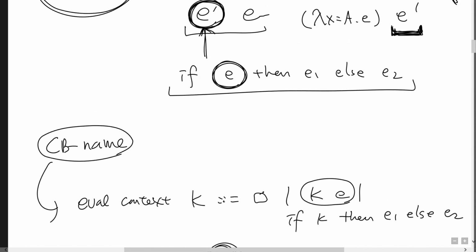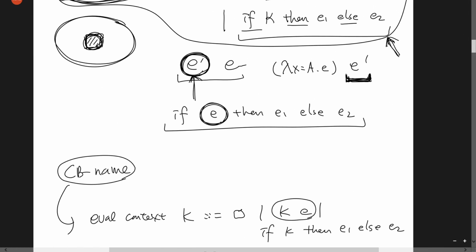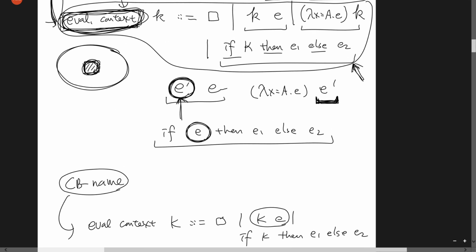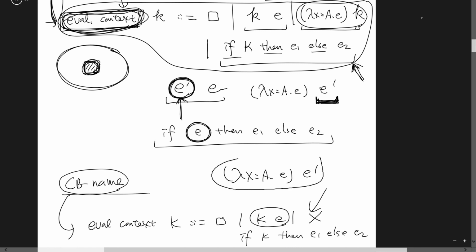And unlike call by value, in the case of call by value, we have this component, but we don't have something like that here, because in the case of call by name, if you have lambda x a dot e applied to E prime, the whole expression itself is the red x. So you don't have something like this here.